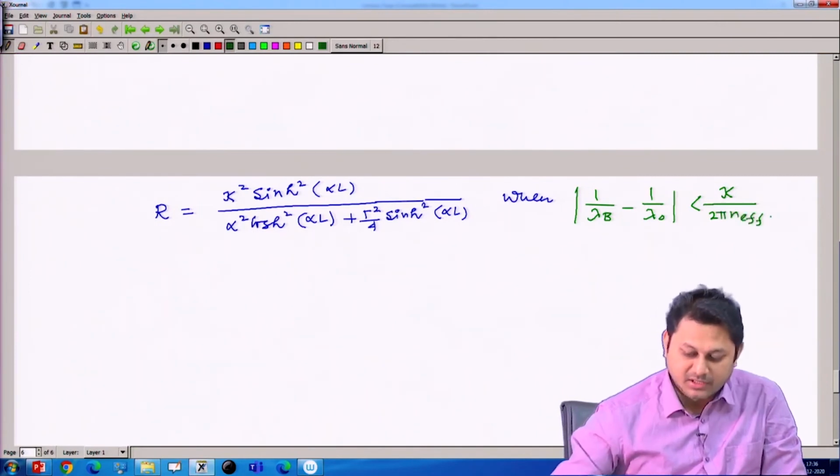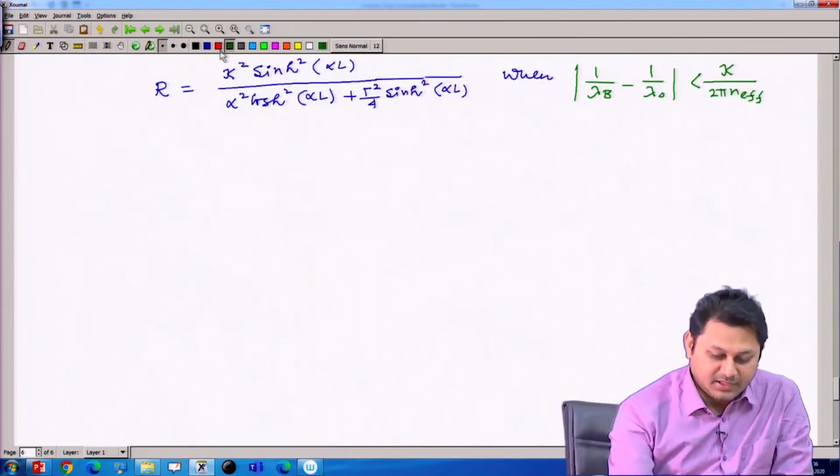This is a specific condition for which this reflectivity is written in this form.